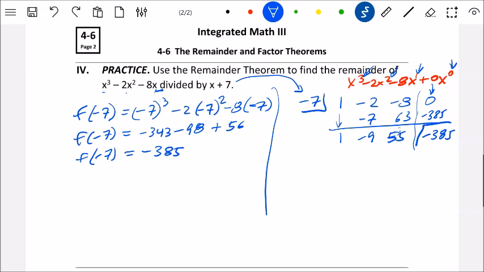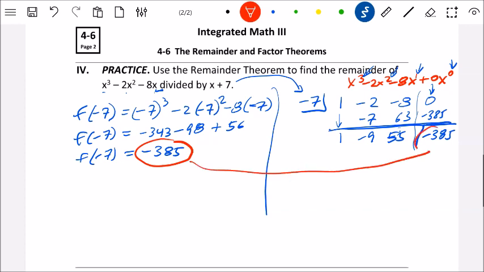So it's important to remember that there's that 0 there for this. Okay, but notice now that we got a -385 as a result of plugging -7 in. We also got a -385 as the result of the remainder of doing synthetic division. So that proves that you can do it with that thing.